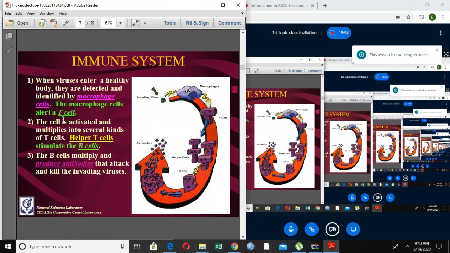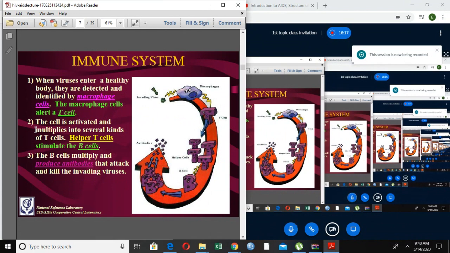So now I've also introduced another term called macrophage. Macrophage is also another type of white blood cell. This macrophage will recognize any foreign matter. When it comes also to things that you are allergic to, it's the work of this macrophage to know that we have a foreign matter entering the body.